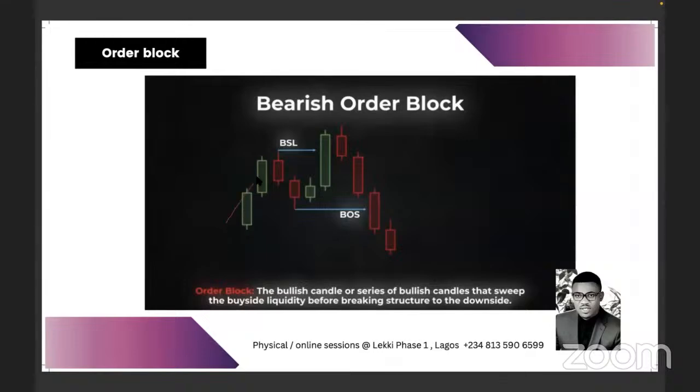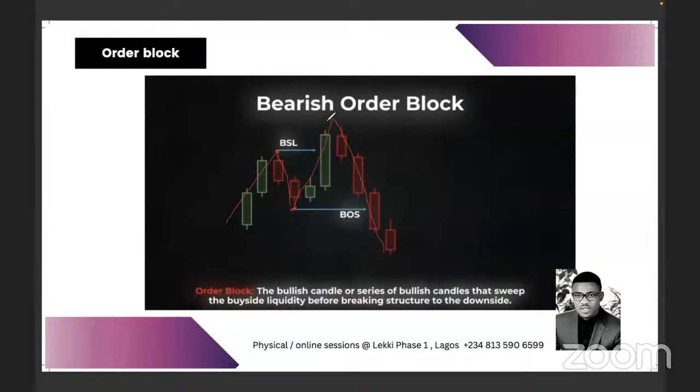If you see the movement forming a swing high, which we call buy side liquidity, and it forms a swing low, and there is a liquidity sweep. When you see that liquidity sweep, the price started forming that movement in response to the sweep of liquidity.